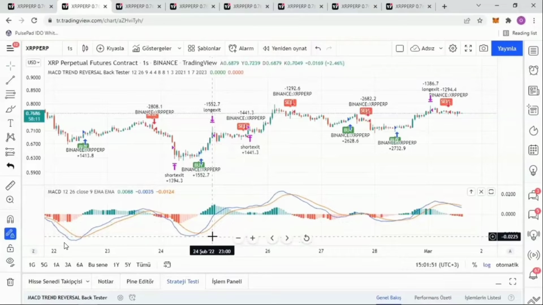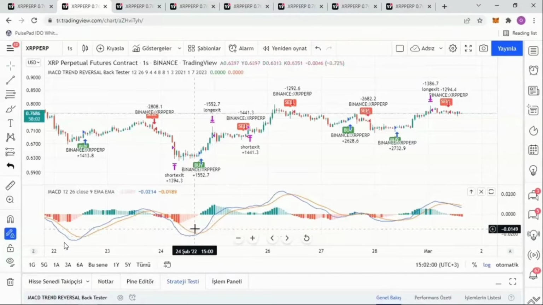If we are trying to catch a downtrend reversal, which means we are expecting the price to stop going down and start going up, then we will check the blue line crossovers only below the zero line.